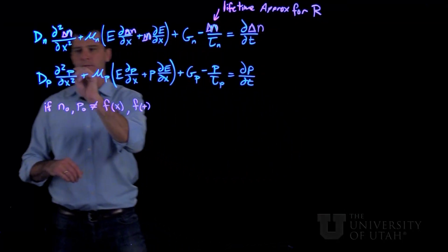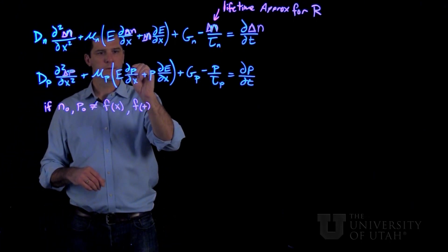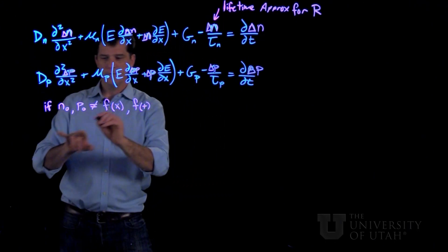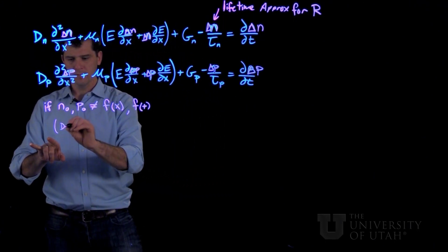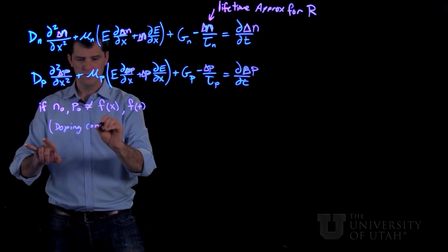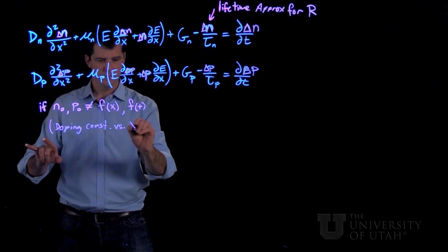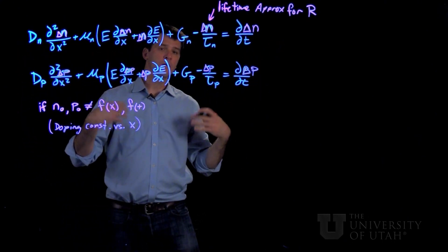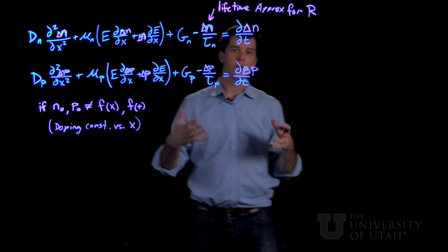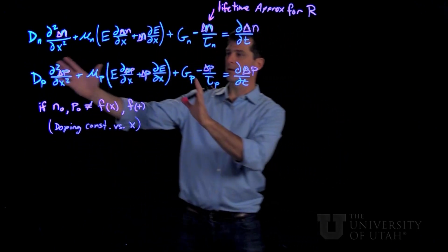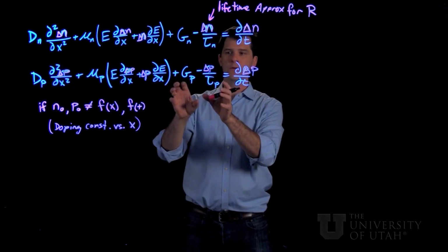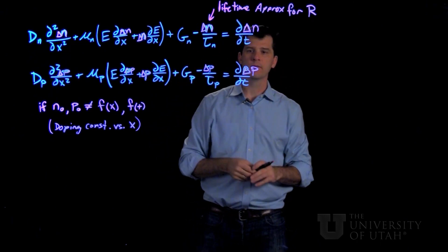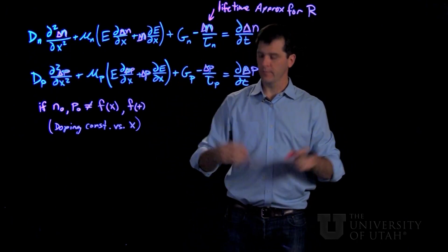And similarly for delta p there. So as long as we're in a region where the doping is constant, then these two equations are the equations that govern our total dynamics of our excess carriers. This is how they move through the crystal, and then in any given place, they can either be generated or annihilated. And so we can keep track of their numbers in both space and time this way.